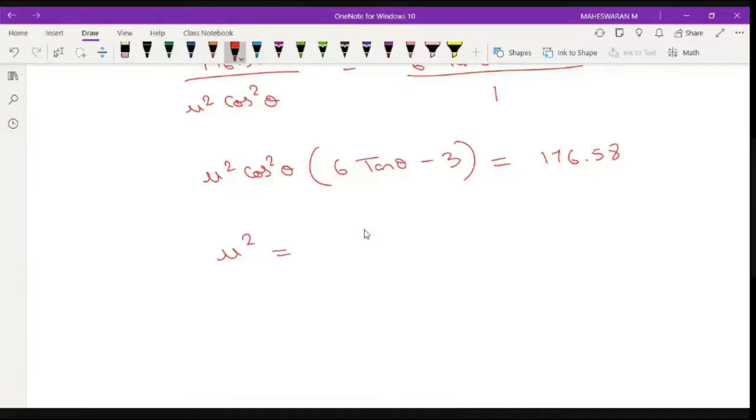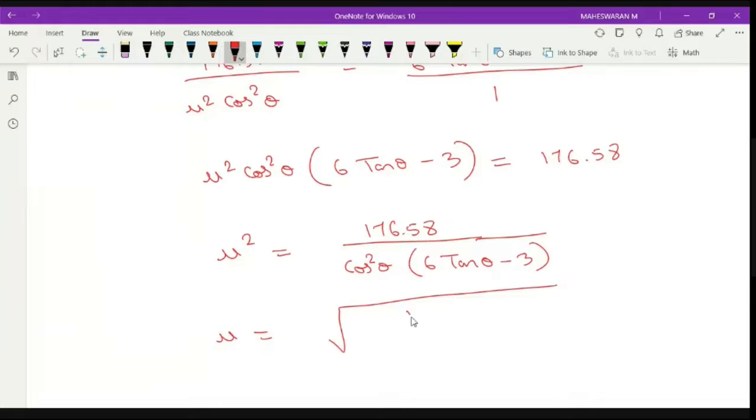So u square will be equal to 176.58 divided by cos square theta into 6 tan theta minus 3. I want u. So u is equal to root of 176.58 divided by cos square theta into 6 tan theta minus 3. This is my overall equation.